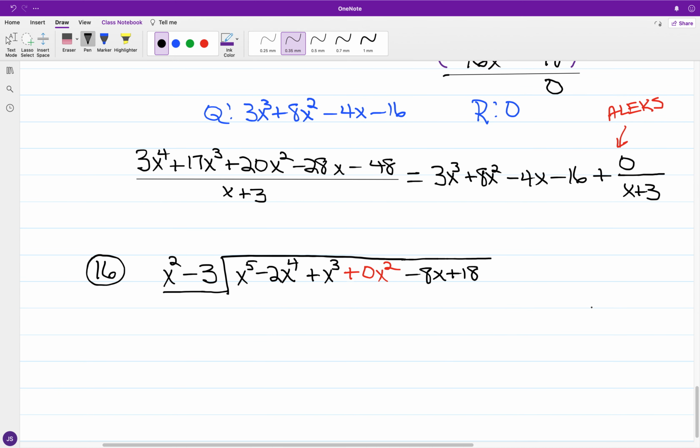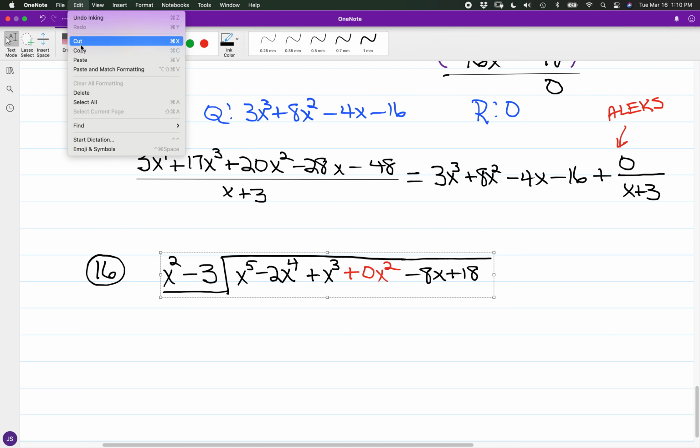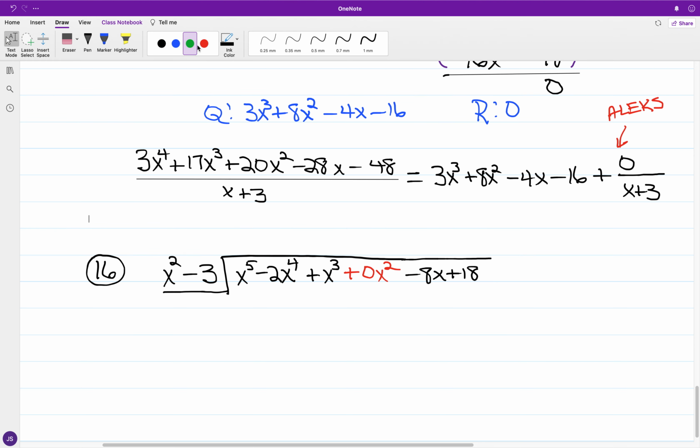Let me just copy this, and it's because of this portion here. So you can't use synthetic division directly.